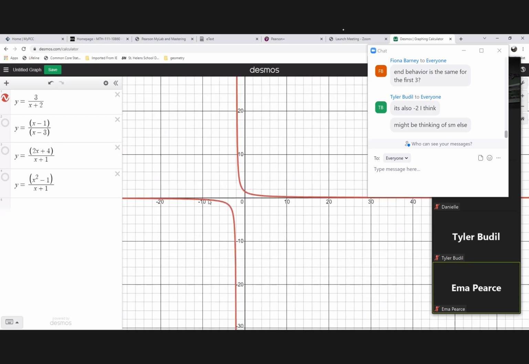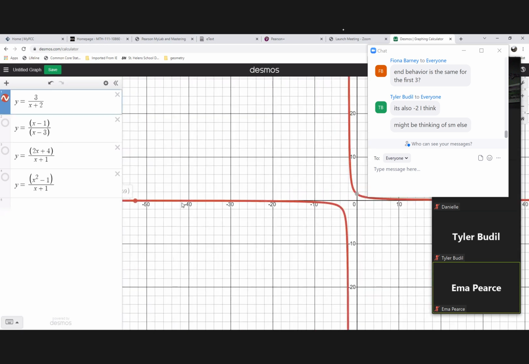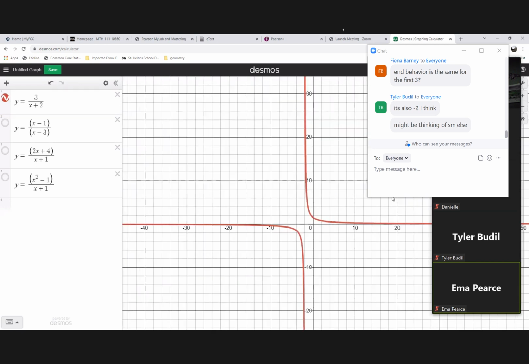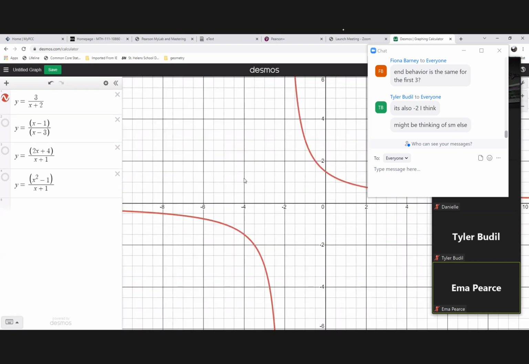And what about on this end? As x gets very, very small, approaches negative infinity, what is this getting close to? So how would we say that? As x approaches infinity or negative infinity, y approaches 0. Okay, so y is getting very, very close to 0.